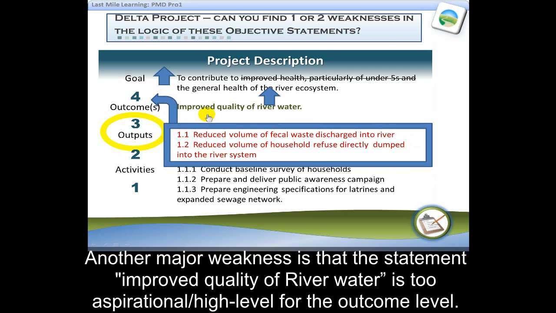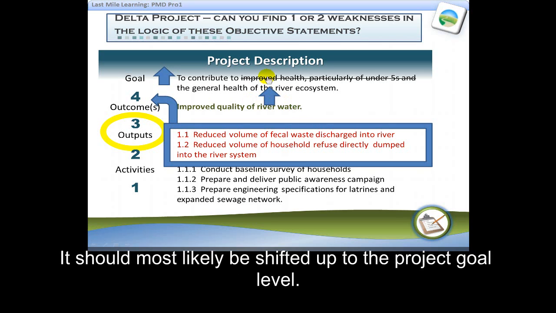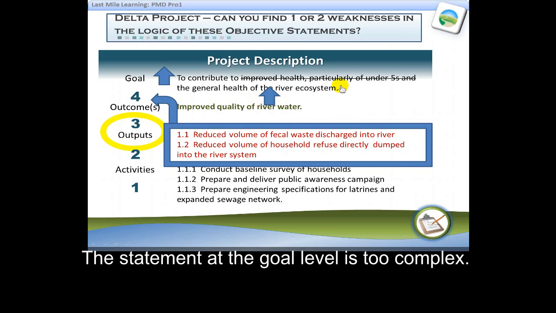Another major weakness is that the statement improved quality of river water is too aspirational or too high level for the outcome level. It should more likely be shifted up to the project goal level. The statements at the goal level are too complex.